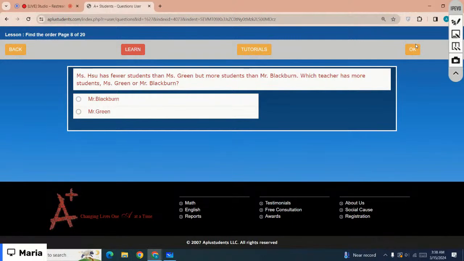Okay, Miss Sue has fewer students than Miss Green, but more students than Mr. Blackburn. Which teacher has more students, Miss Green or Mr. Blackburn? Which is the correct option?